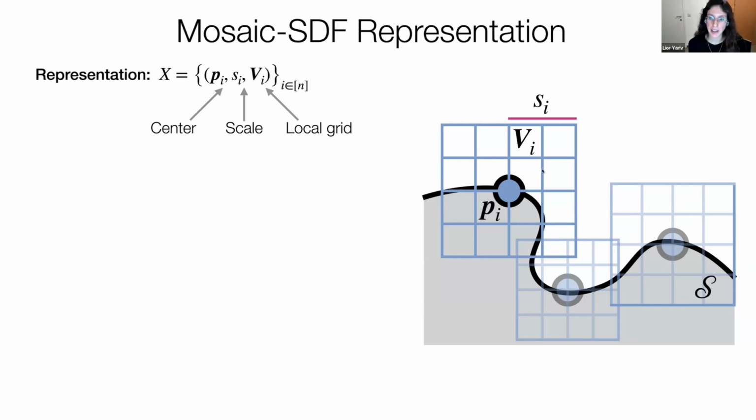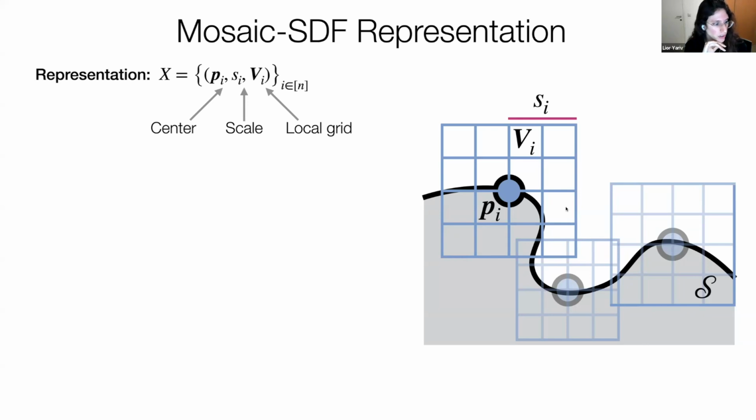So I will just repeat that. The V_i are the values stored within this local grid. You can think of it as a patch of SDF values within this local neighborhood. And the local grids all have the same resolution, and it can be very low resolution. It's basically a 7 by 7 by 7 local grid.